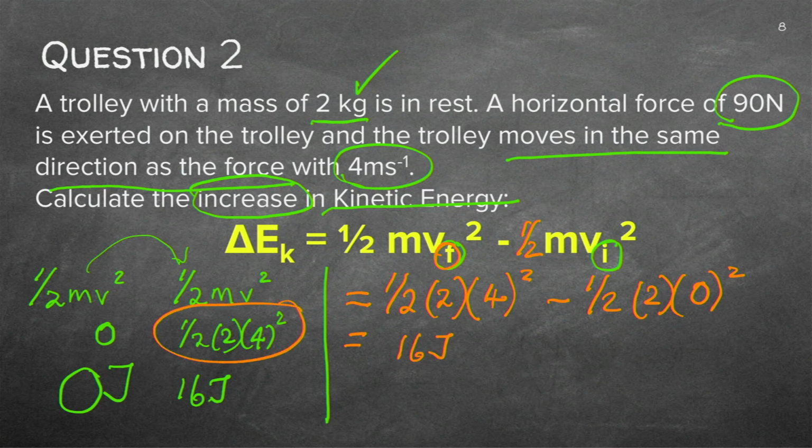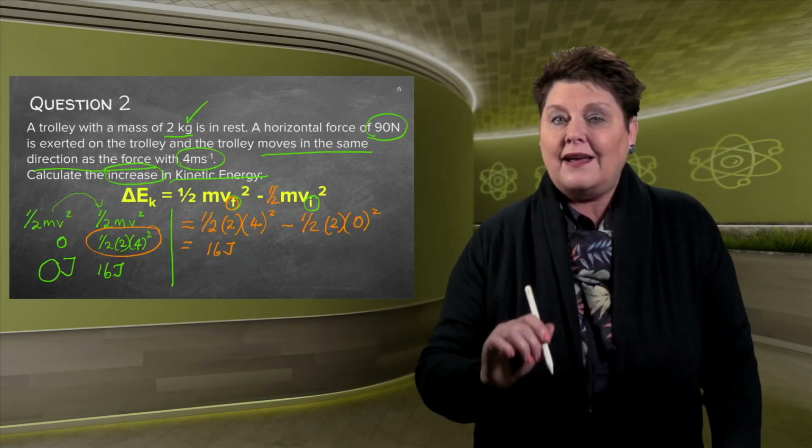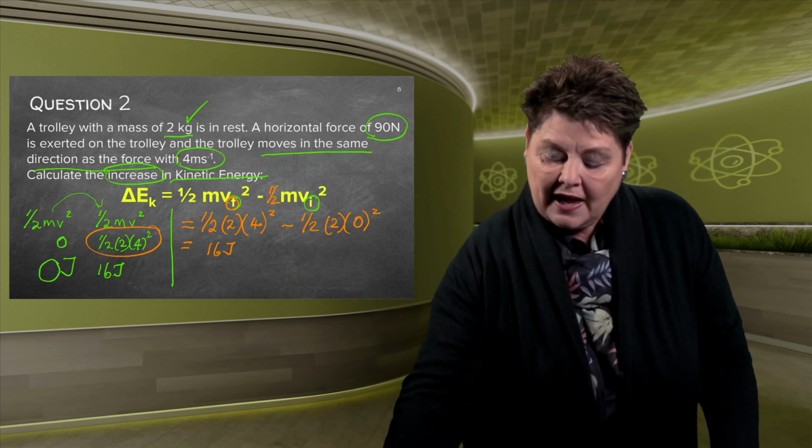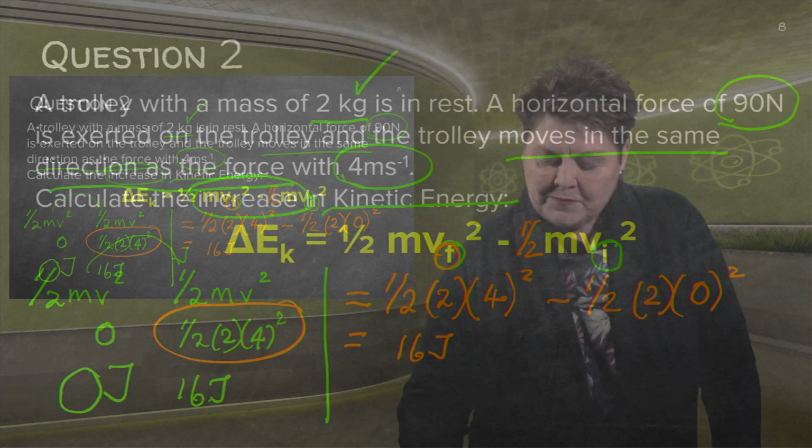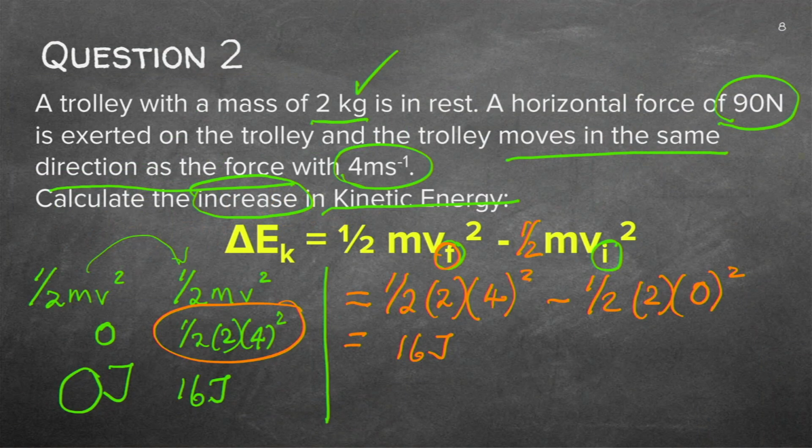I just want to tell you that you can actually take this equation and alter it a little bit. If you say, okay, it's half m times vf minus vi squared. Can you see I then deduct this 4 squared minus the 0 squared.